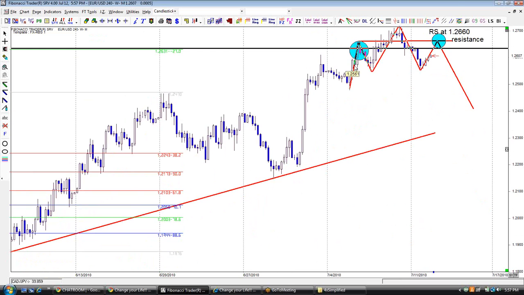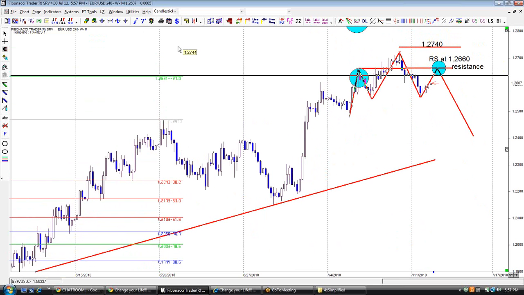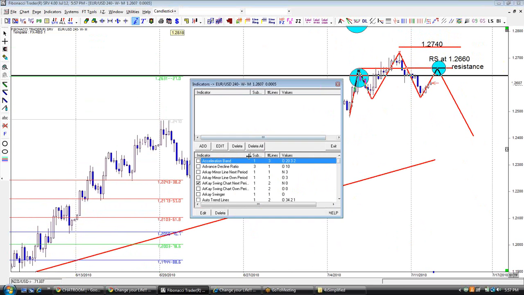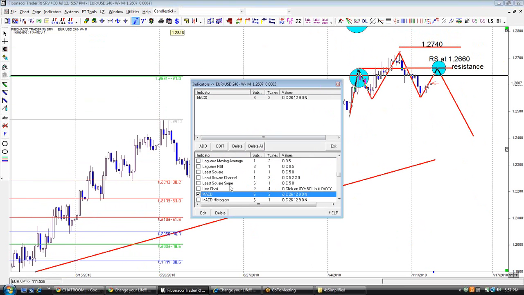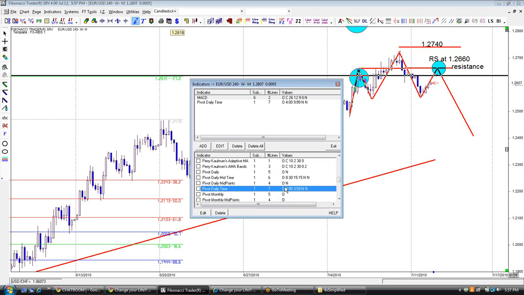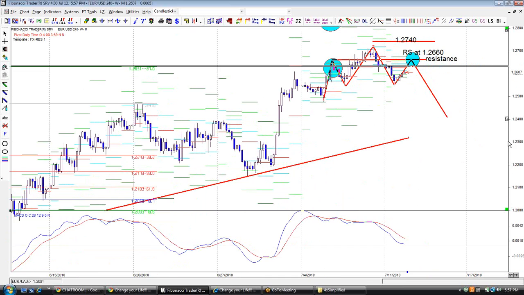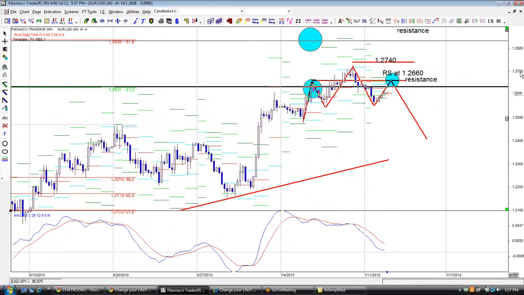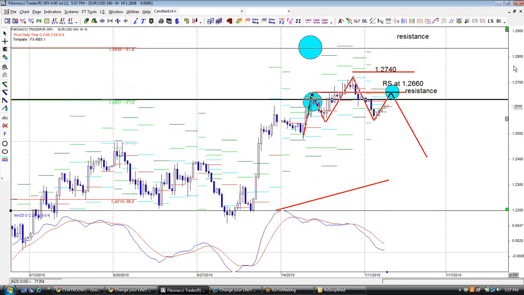We can see that very, very strong bullish trend. How do we know? I'm putting the MACD, the pivots. Here it won't look very good on this time frame.